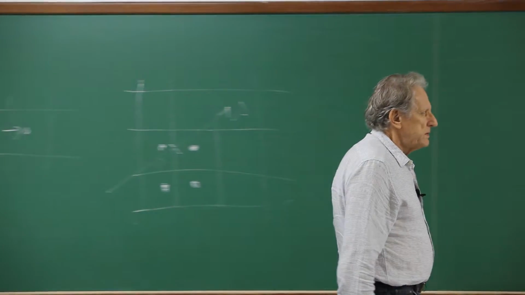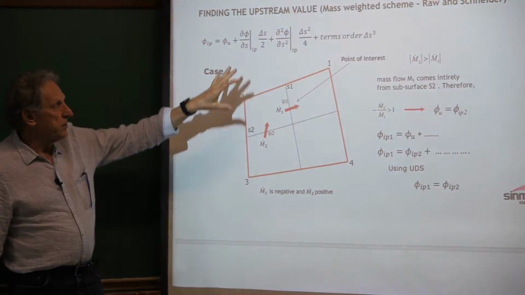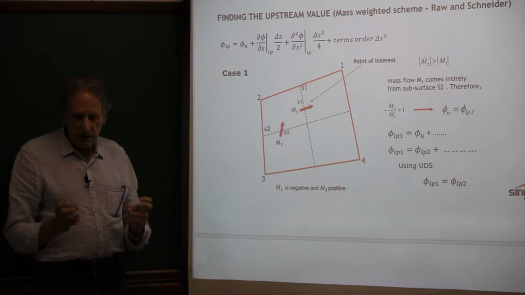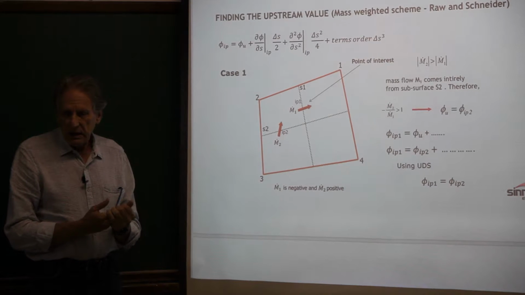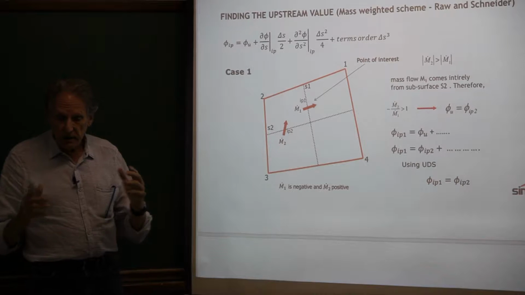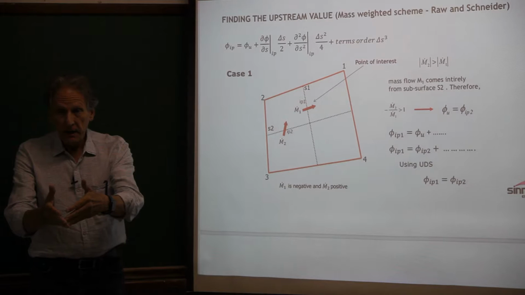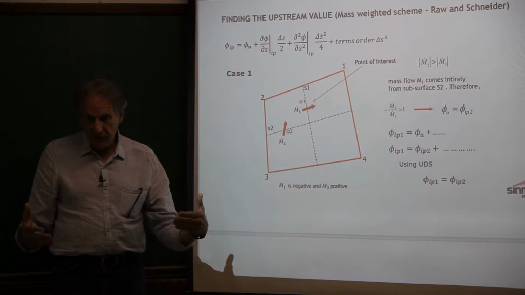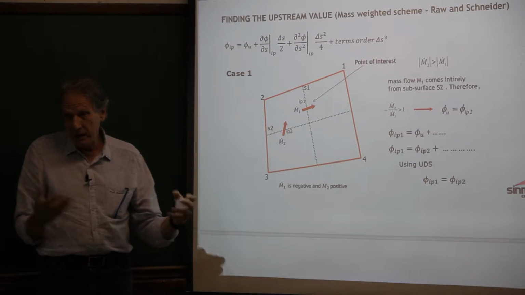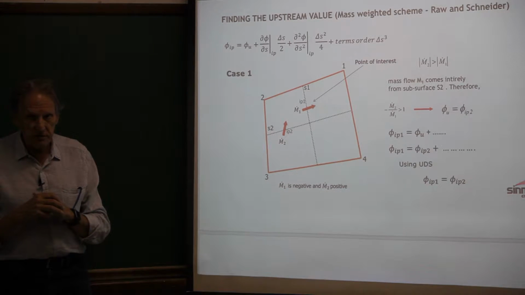Find the upstream value, and this is a scheme developed by Raw and Schneider. It's a very powerful scheme to find the upstream value, considering the flow which reaches the integration point, and then you may find exactly where the information comes from, and that gives you positive coefficients.